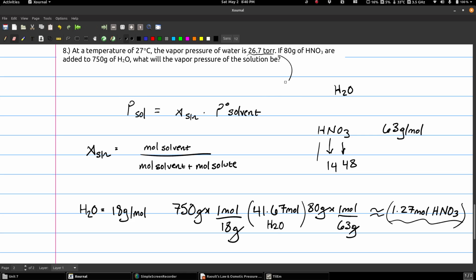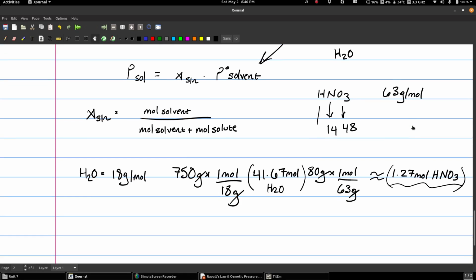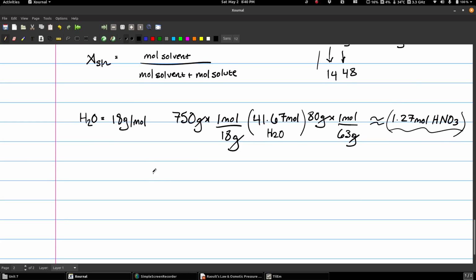That is a horrible arrow. Let me redo that. Not much better, but that's going to stay. So let's solve this. So we're going to use 41.67 divided by 41.67 plus 1.27.